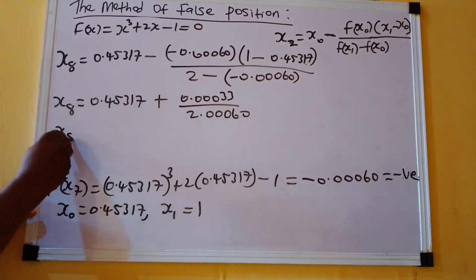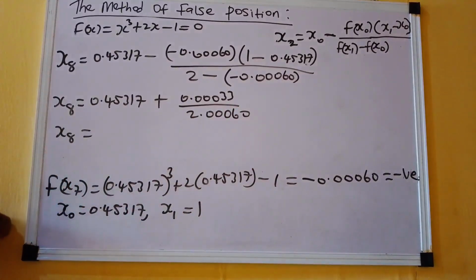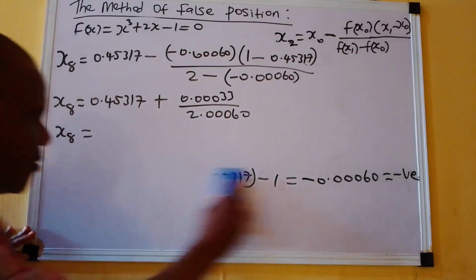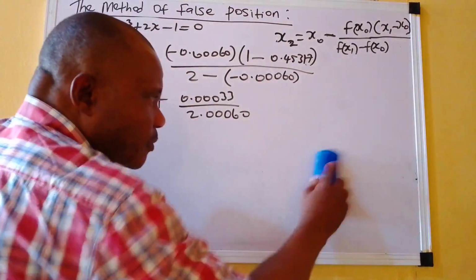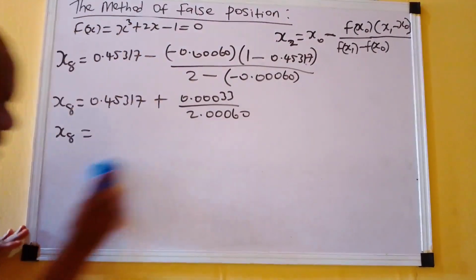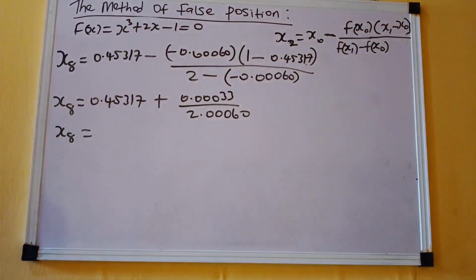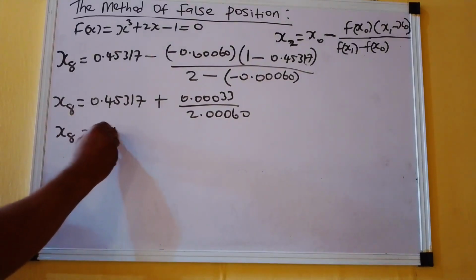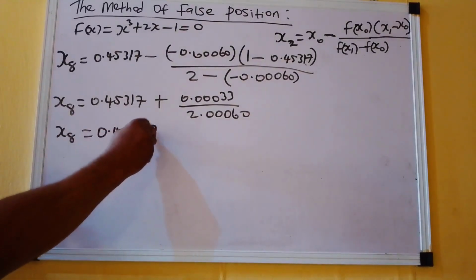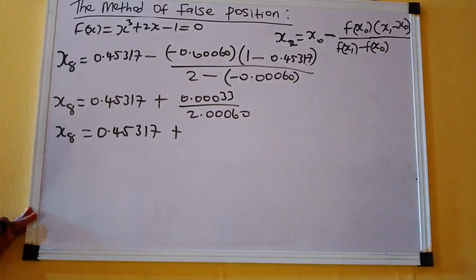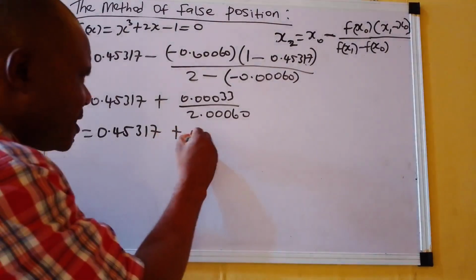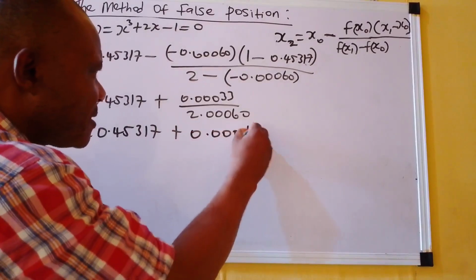So our x8 will now be equal to 0.45317 plus, when you divide that, 0.00016.